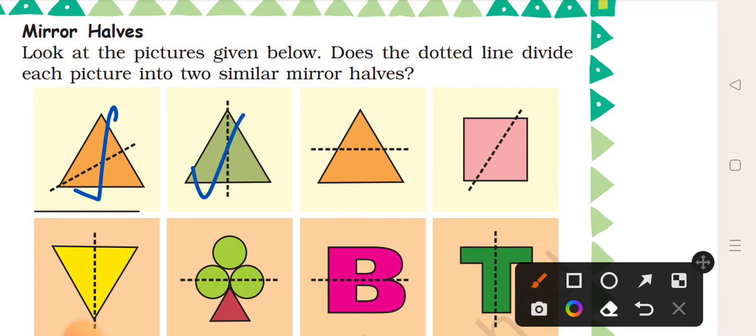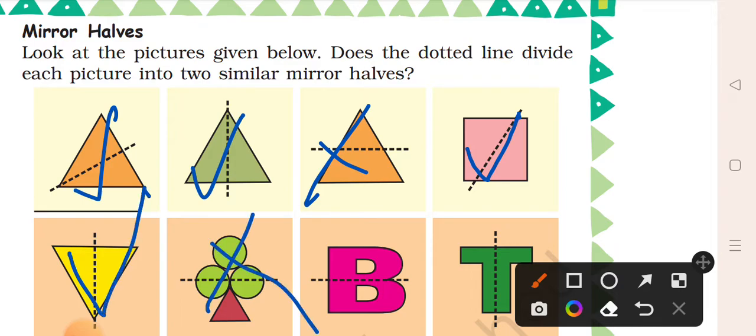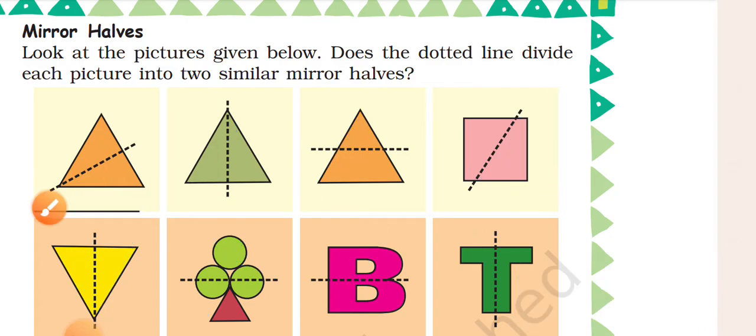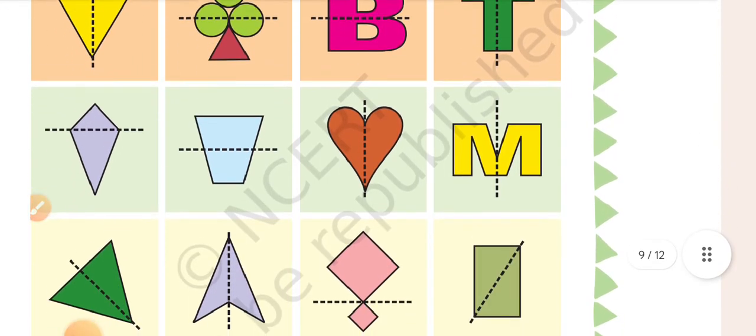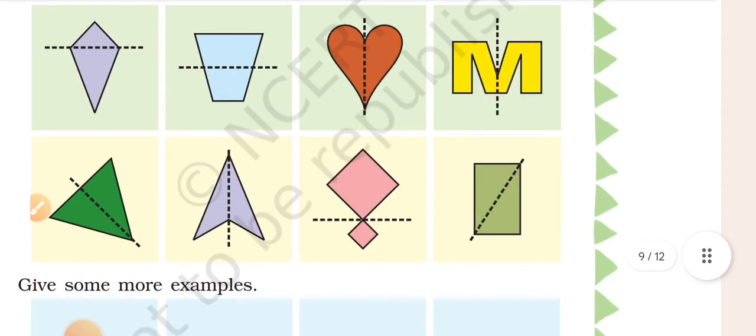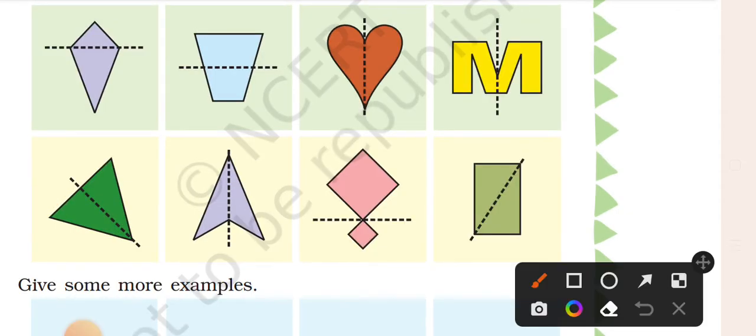It is also half, but this is not half. It is half. It is also half. It does not. Now the next. It does not have the half.